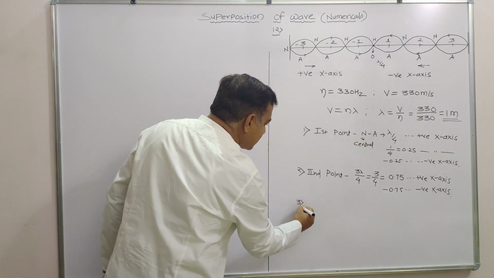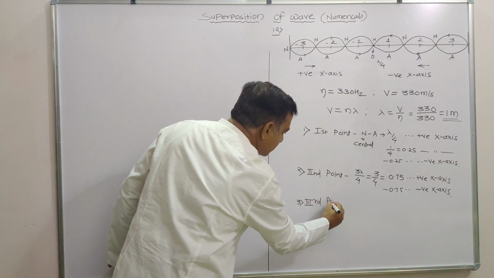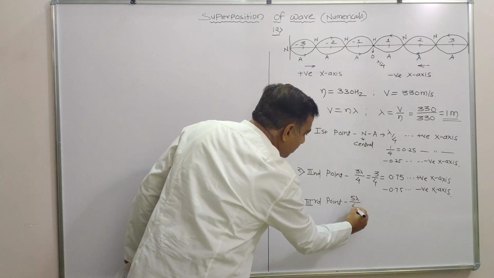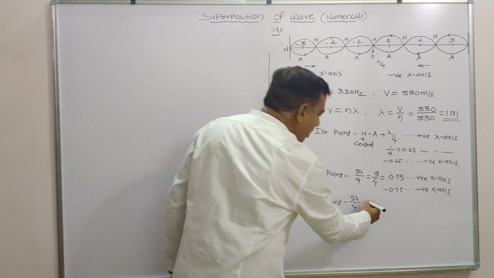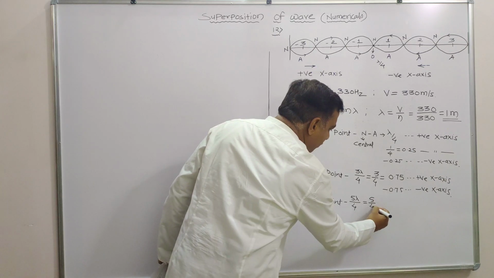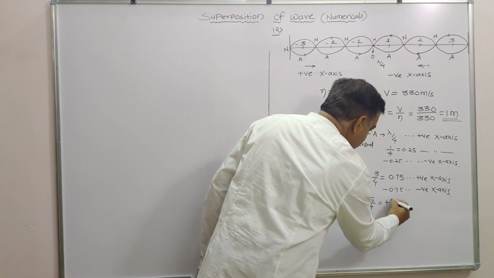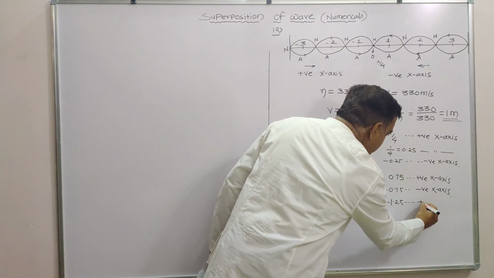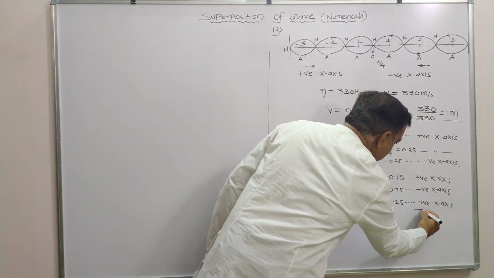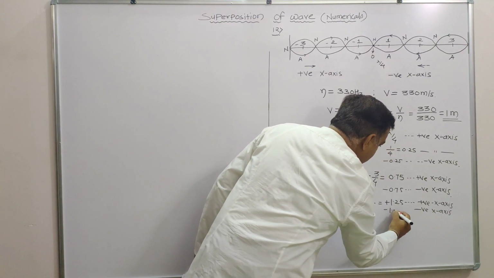Similarly, the third point is at 5 lambda upon 4. Substituting the value, 5 by 4 comes out to be 1.25, plus 1.25 along the positive x-axis, and along the negative x-axis it is negative 1.25.